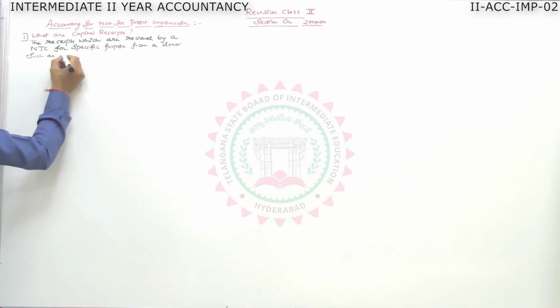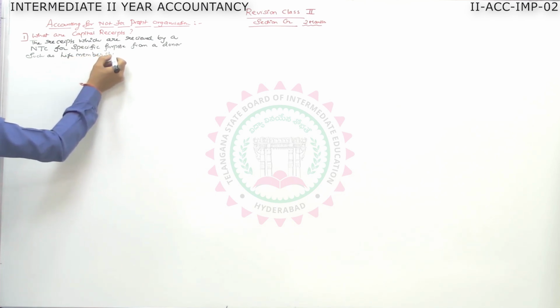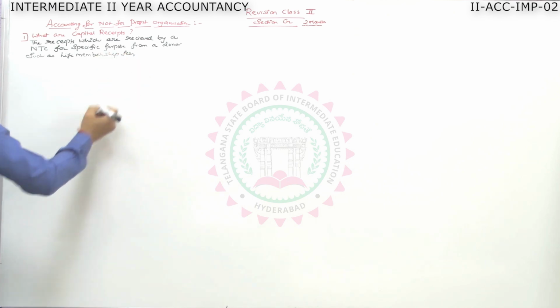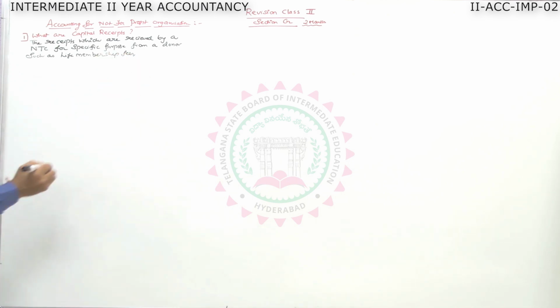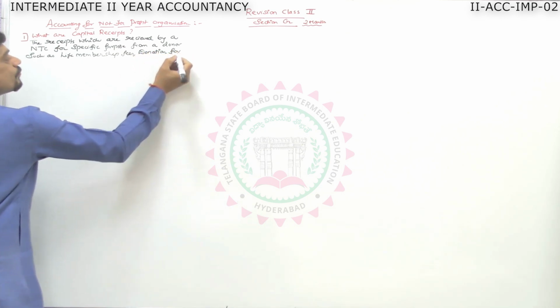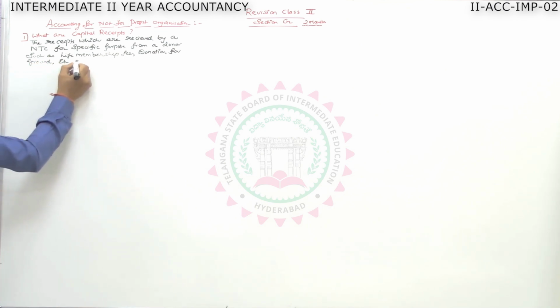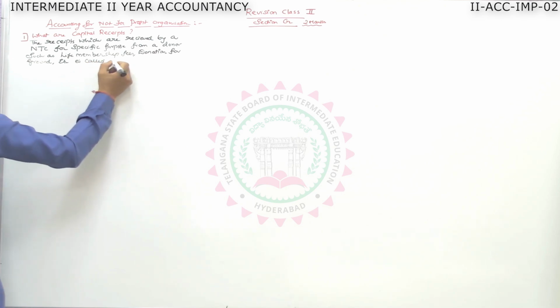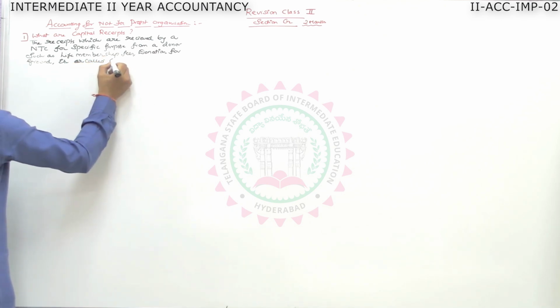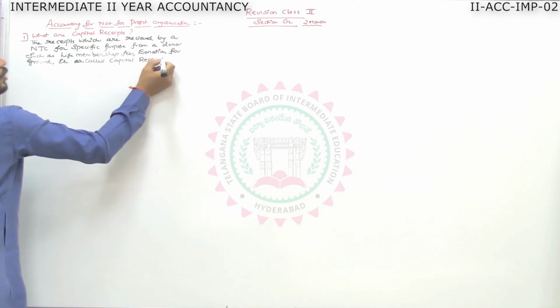What are they? Such as life membership fees, comma. You can take the example of donation for ground, etc. are called capital receipts. They are not generally out of the business transaction, that is out of the normal course of activity.